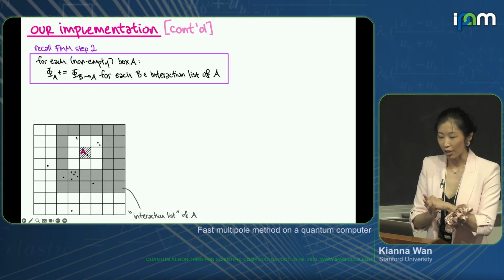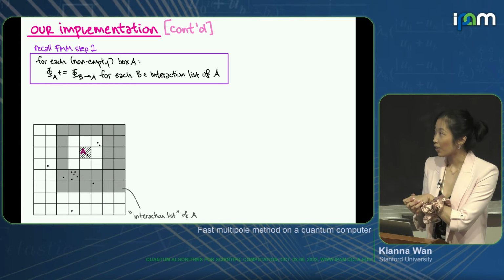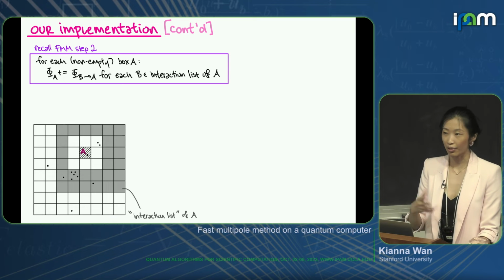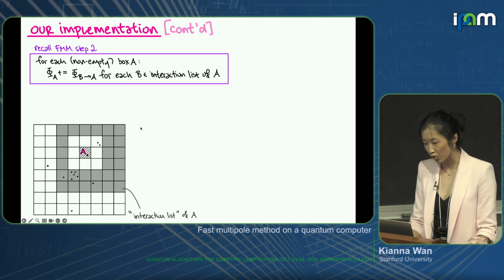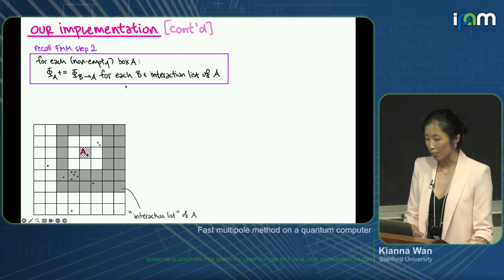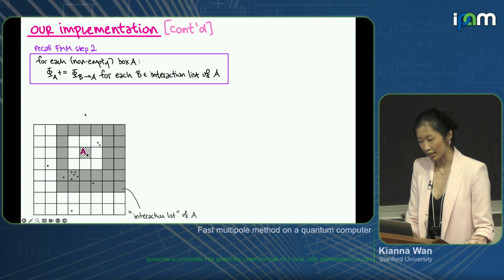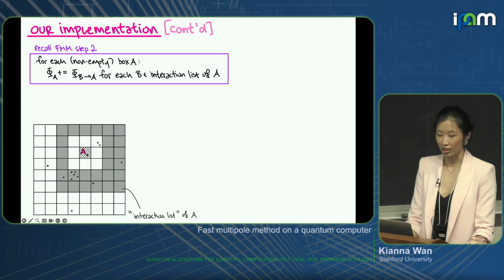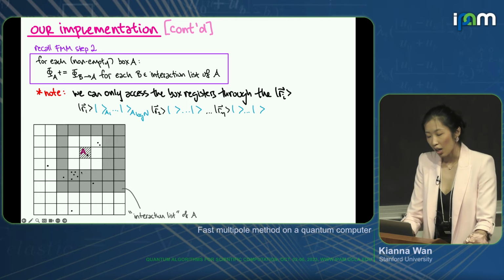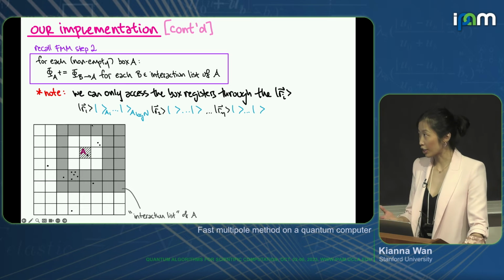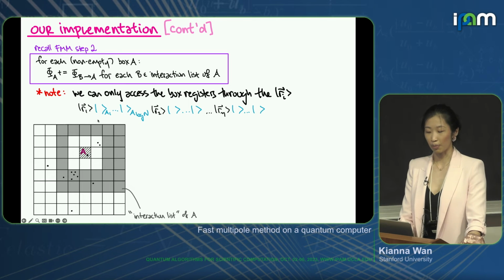as prescribed by FMM? So let's just focus on step 2 of FMM because it's really going to be the trickiest step to implement. So in this step, remember, we want to compute the contribution to the potential at a box A from all of the boxes in the interaction list of A, so these boxes here. But keep in mind that we can only access box registers through the electron positions.